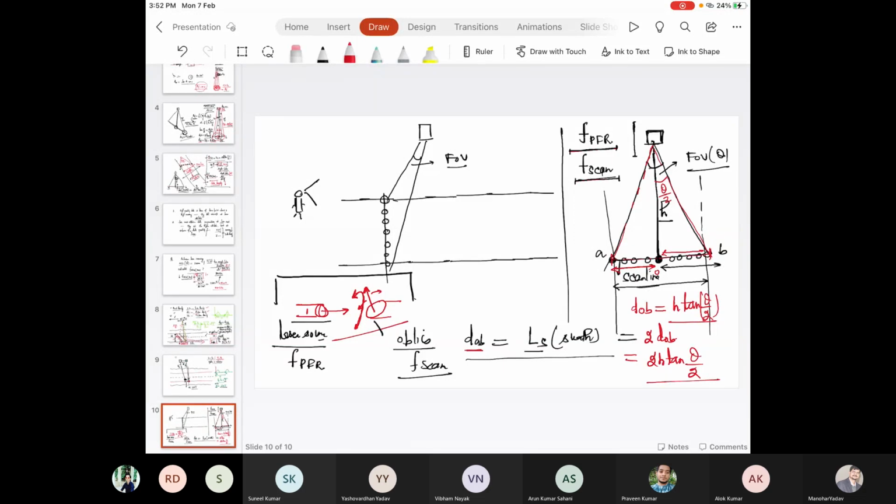To calculate a line density, what will be the requirement? Line density means how many points per line. So how many points per line? This density is along a scan line.